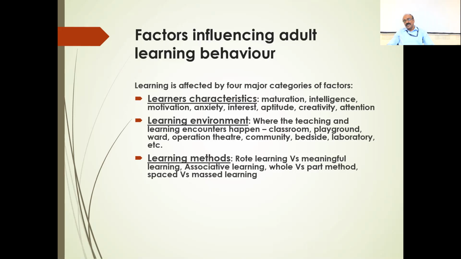Some learners use the whole learning method. Some split their learning content into different components and then use the part learning method. Some use spaced learning, and some use massed learning methods. So these are the categories that influence the learning.